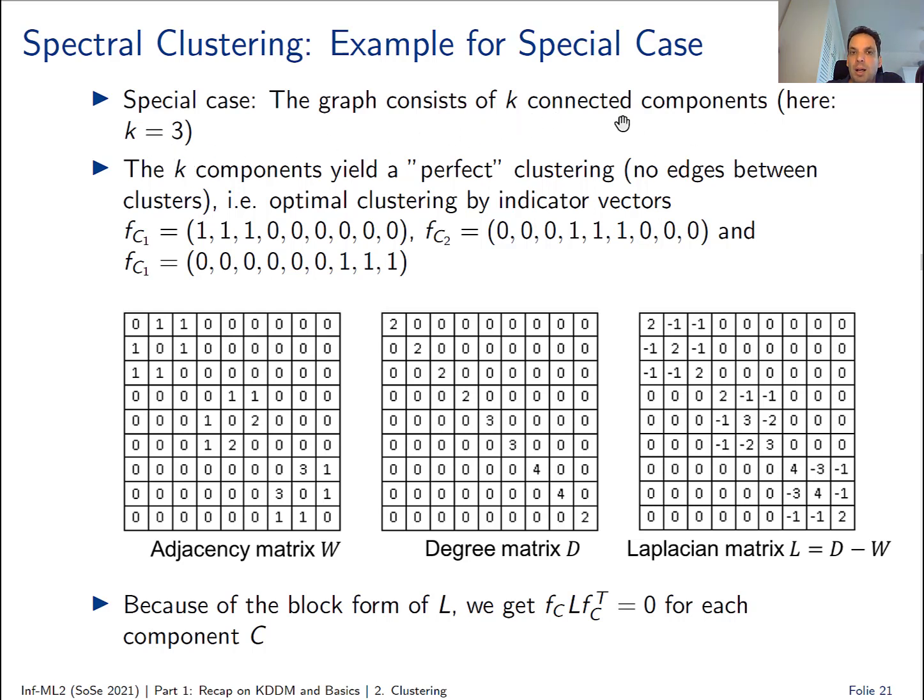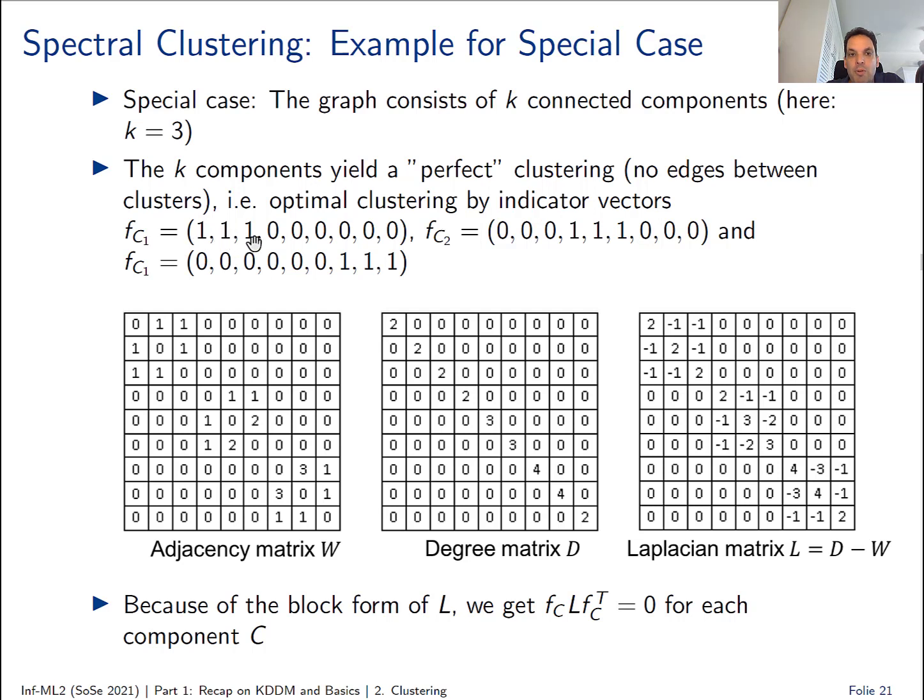These k connected components are obviously the best way to partition the graph, because there are no edges between these k components. So it is a natural way to take these k components as the k clusters. The k components yield a perfect cluster, no edges between the clusters. That means we have an optimal clustering by the indicator vectors.